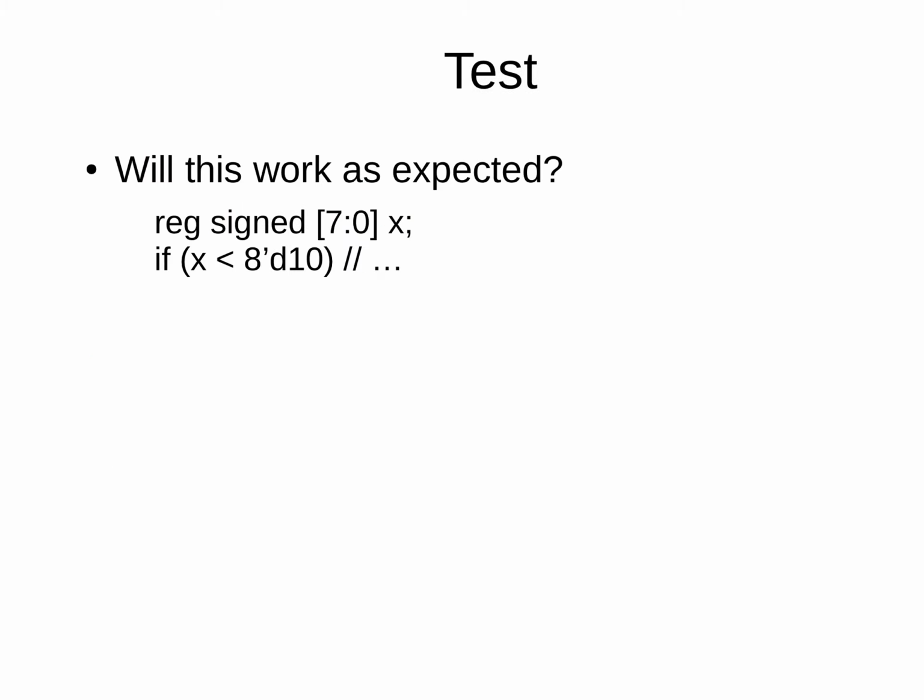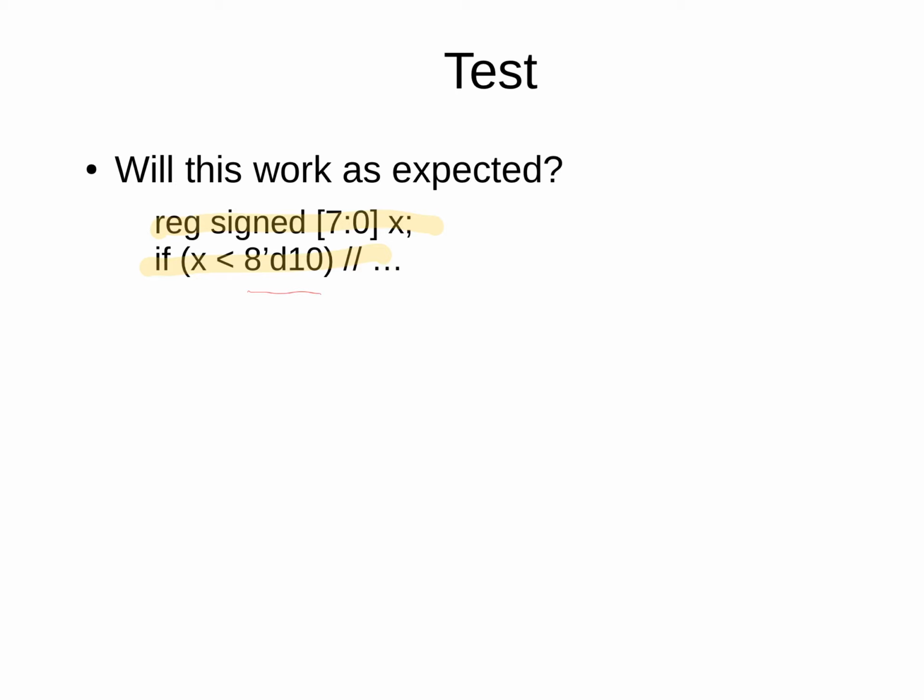For example, one would expect that this is going to work. I've got an x representing an 8-bit signed number, and I just want to know if x is less than 10 or not. It seems really straightforward, but unfortunately Verilog is going to trick us here, because according to the Verilog standard, this is an unsigned number.